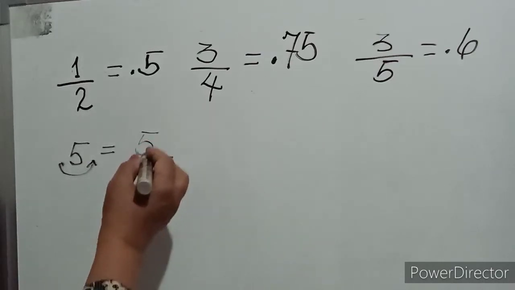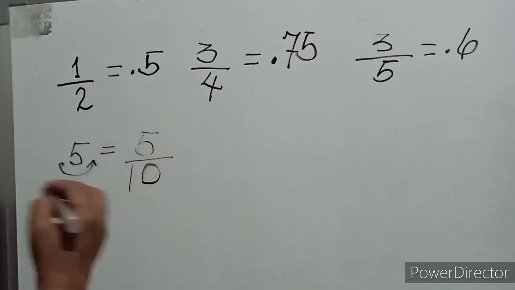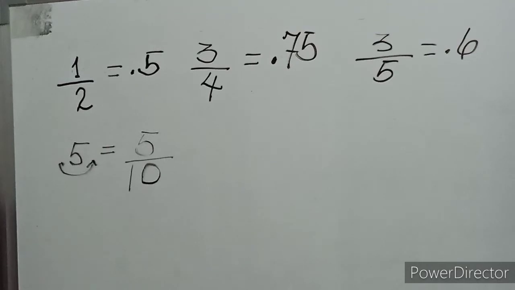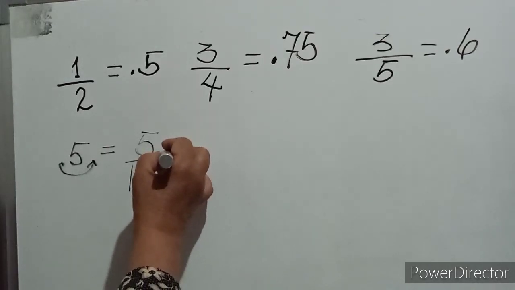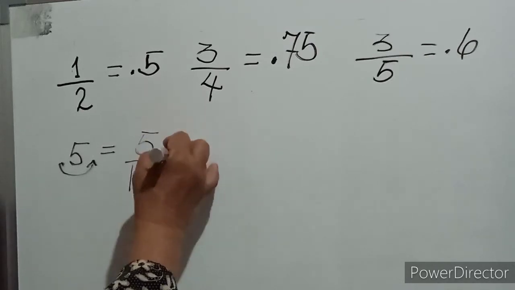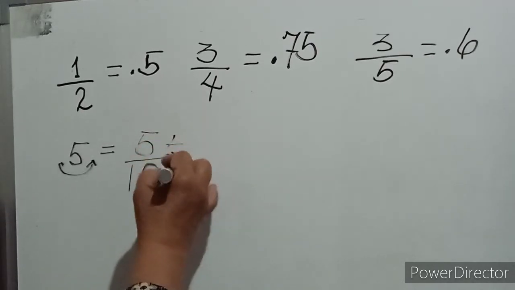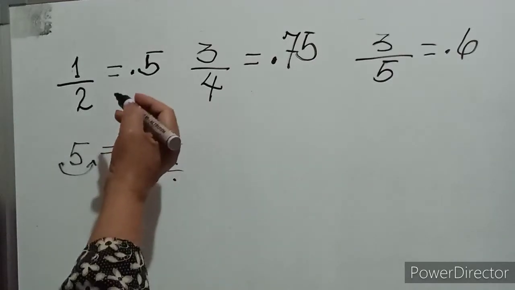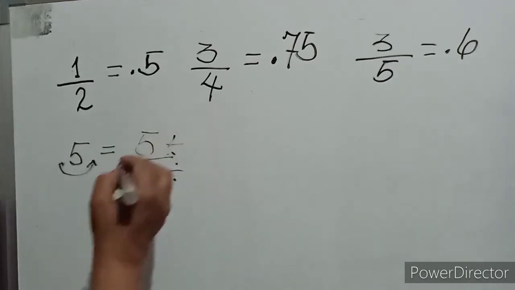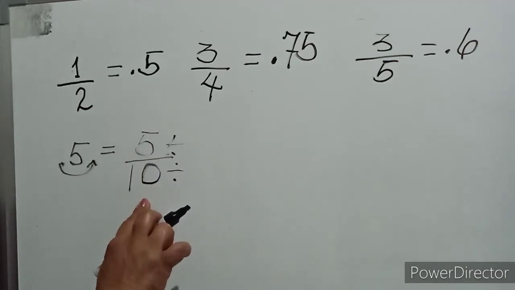If you remember, in a fraction, if you can see that they are divisible by a common factor, you need to simplify your fraction by dividing the numerator and denominator by the common factor.